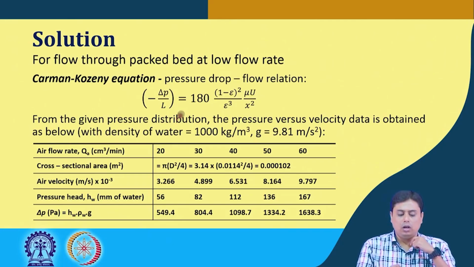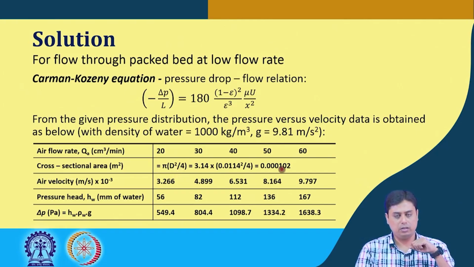So that means air flow rate is given. The cross sectional area we can find out because the diameter of the cylindrical apparatus is mentioned. If we have this, we can convert this air flow rate to air velocity, the superficial velocity. I have not shown all the detailed steps, but what can be done is that the cc per minute, the centimeter cube per minute, should first be converted to meter cube per second.